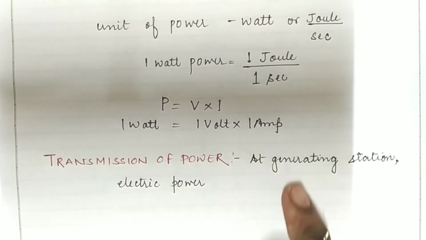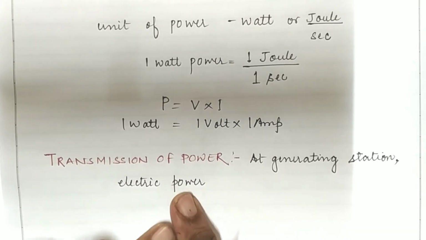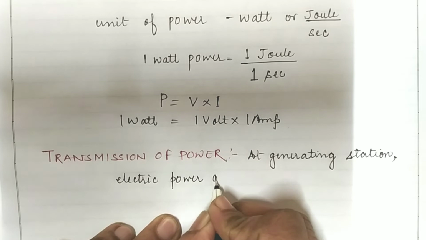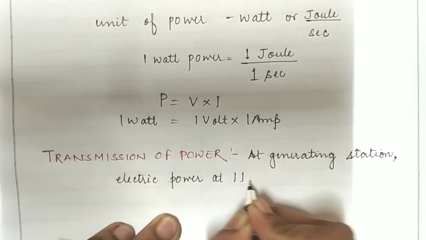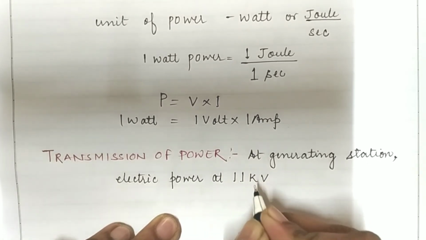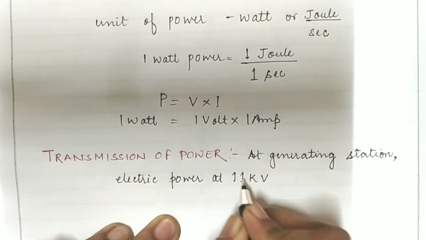At the generating station, the electric power is at 11,000 volt, that is 11 kV.